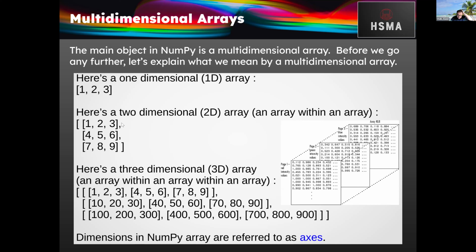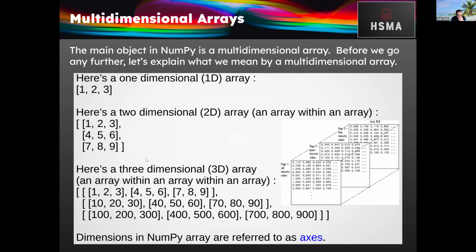We can also have things called two-dimensional arrays, which are arrays within arrays. And you've already seen a little example of that as well, which is where we've got lists within lists. So there are two dimensions of array there. There's the dimension which holds the three outer lists in this example, and the dimension which holds the elements within each of those lists.